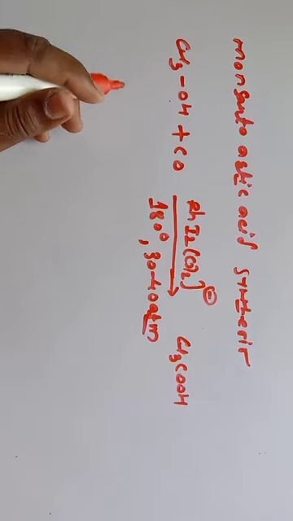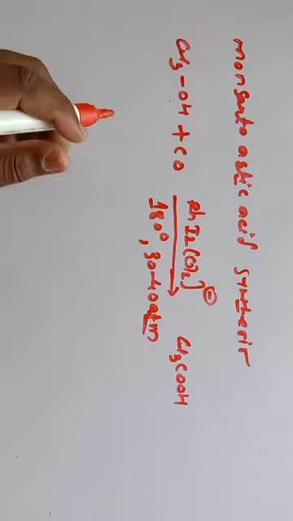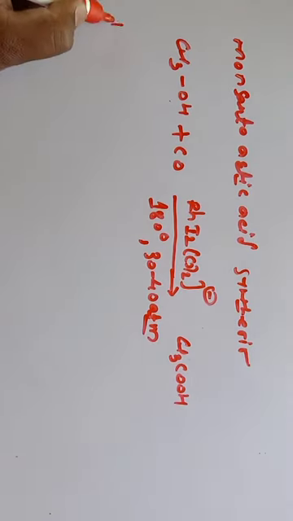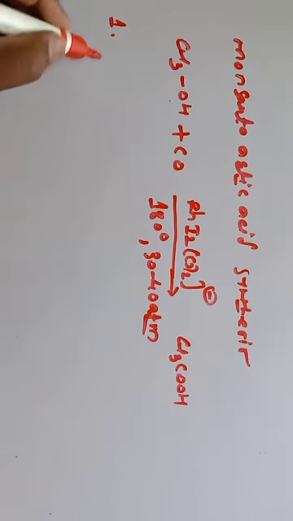So if you consider the steps in this Monsanto acetic acid synthesis, the first step is how this catalyst is formed.